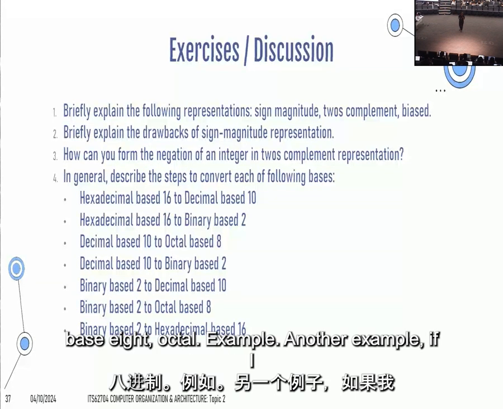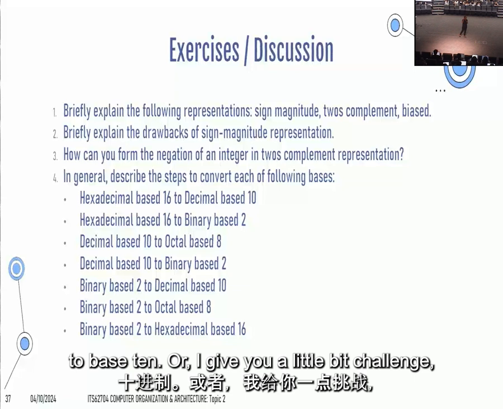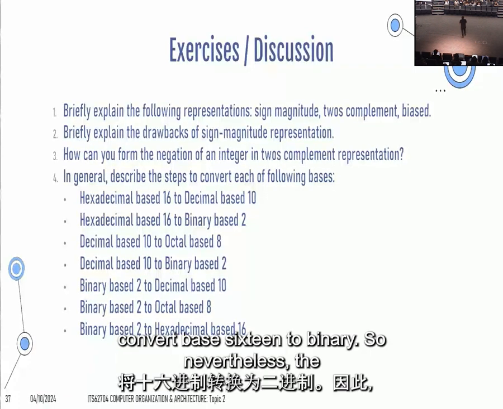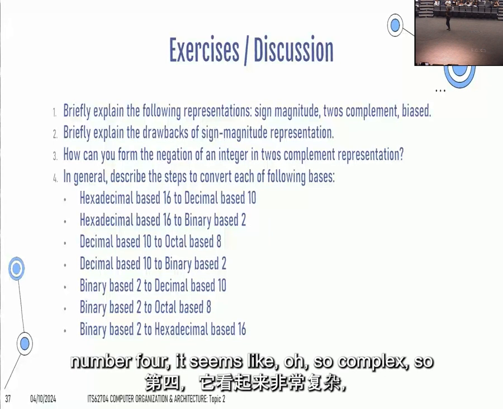Another example, if I ask you to convert binary to decimal, base 2 to base 10. Or, a little bit of a challenge, convert base 16 to binary.